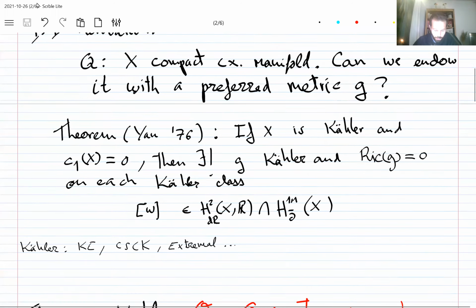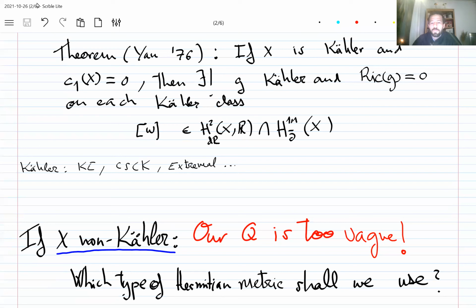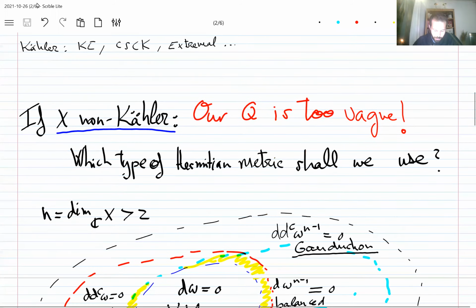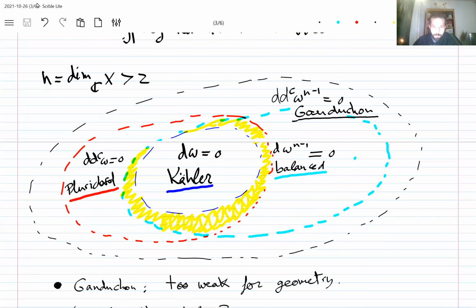But if you go to non-Kähler geometry, this question is somehow too vague, because we should say something about which type of Hermitian metric we are using for uniformizing the complex manifold. So roughly, in dimension bigger than 2, this is the picture.